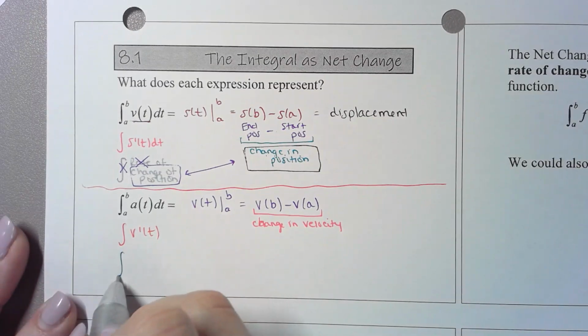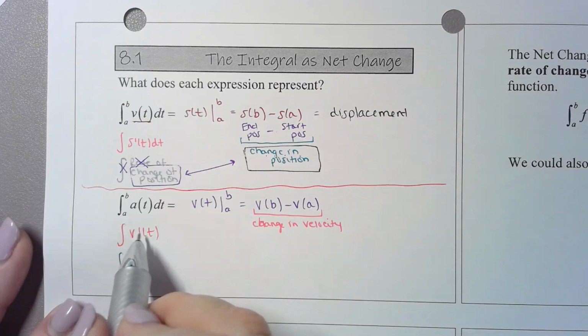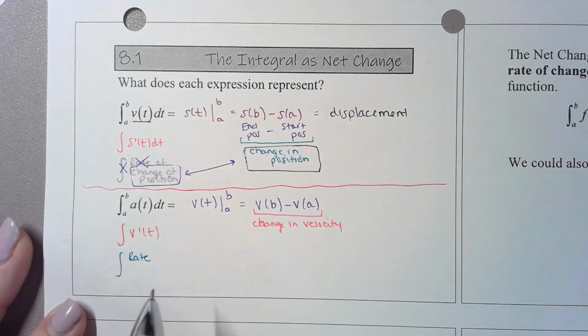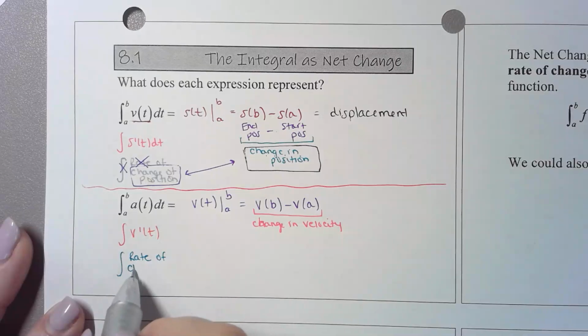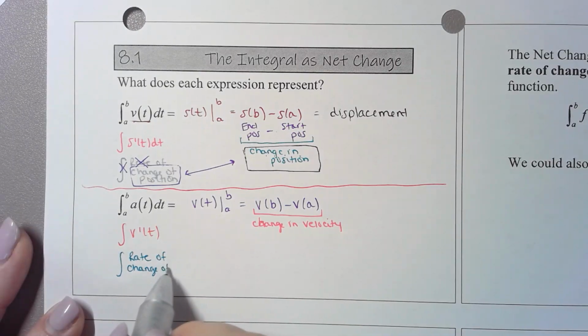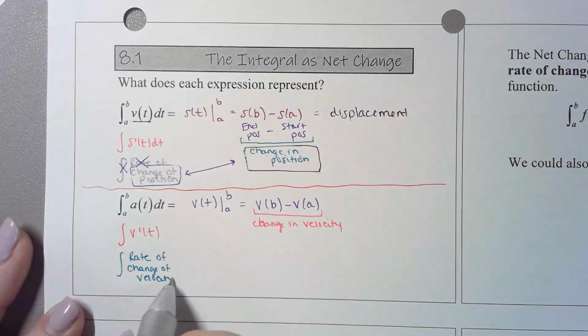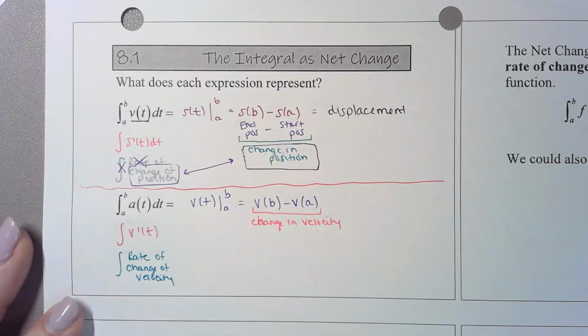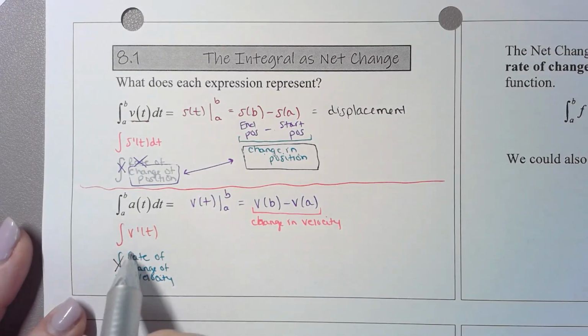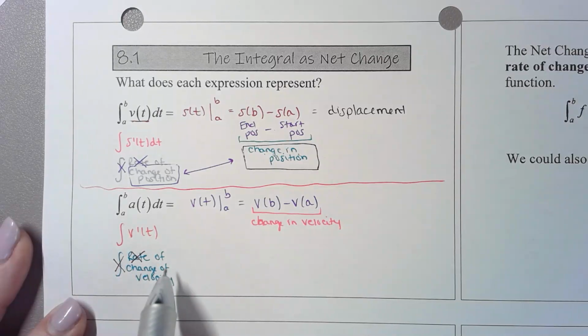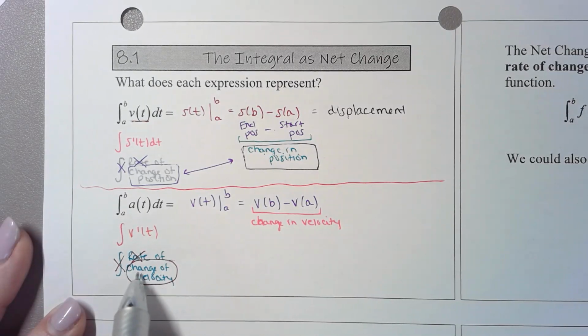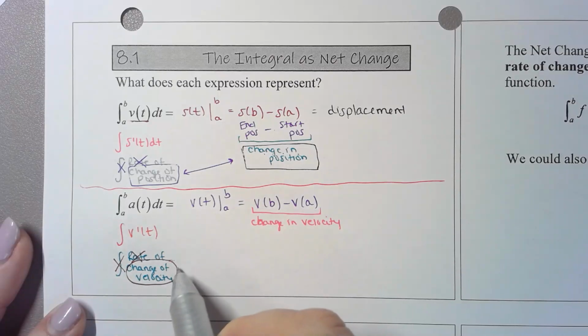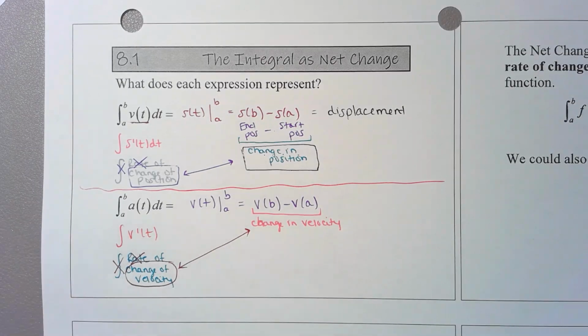And if I put that into words, v prime of t, the derivative of v, is the rate of change of velocity. Just putting that into words. And again, the integral tells us to take the antiderivative. The word rate means derivative, leaving me with that phrase, oh, change in velocity.